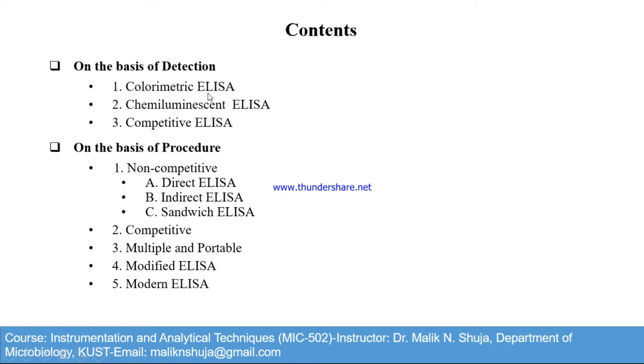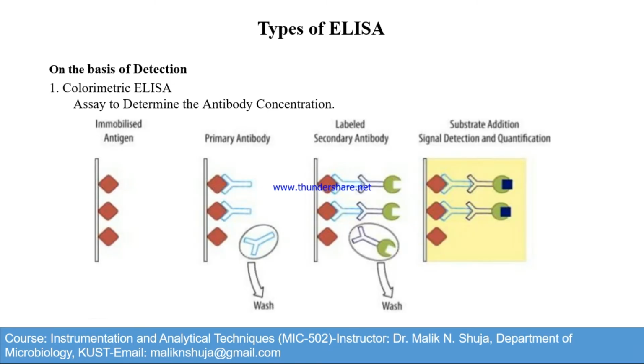One is colorimetric ELISA, second is the chemiluminescent ELISA, and the last one is the competitive ELISA. On the other hand, on the basis of procedure, we have non-competitive ELISA, competitive ELISA, multiple and portable ELISA, modified ELISA, and the last one is the modern ELISA. Each type of ELISA will be discussed in the coming slides.